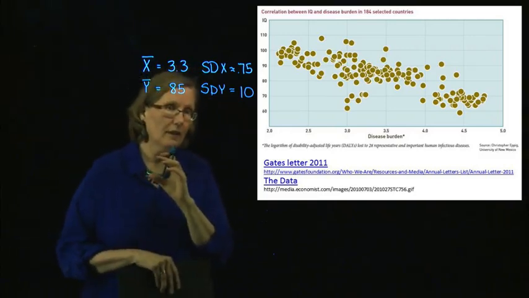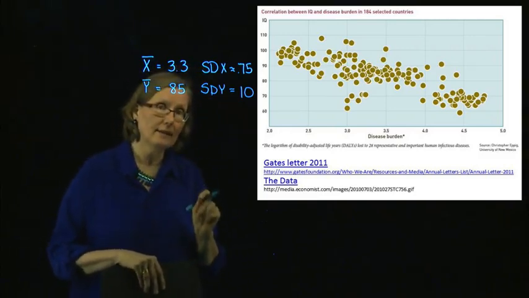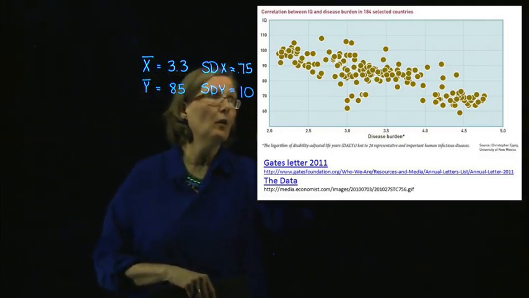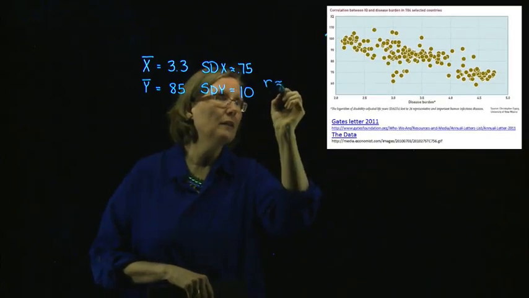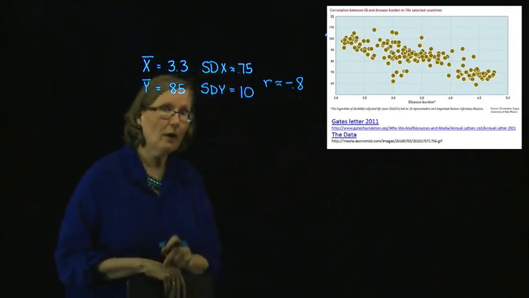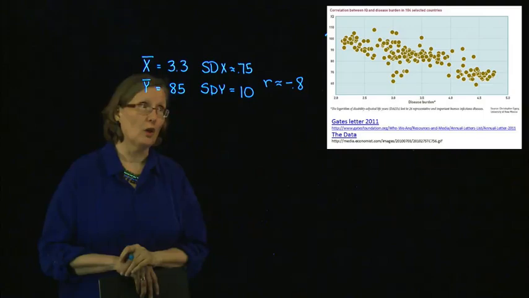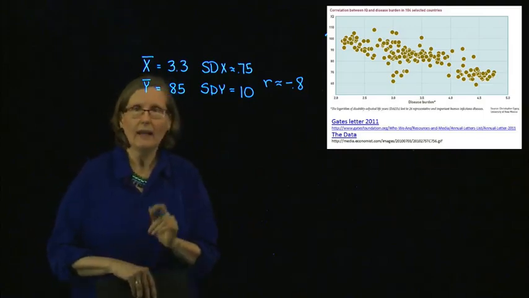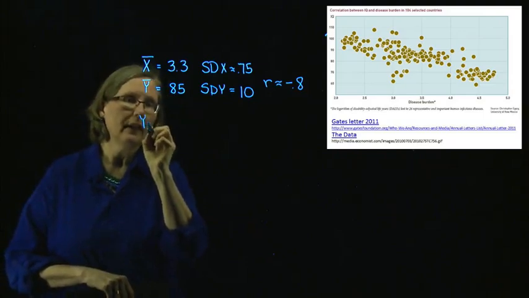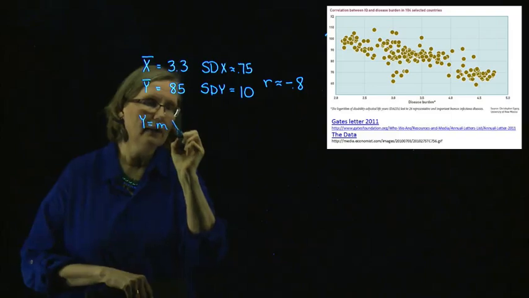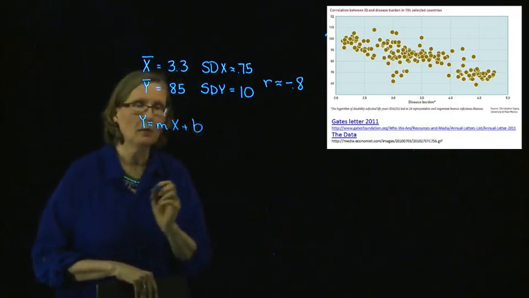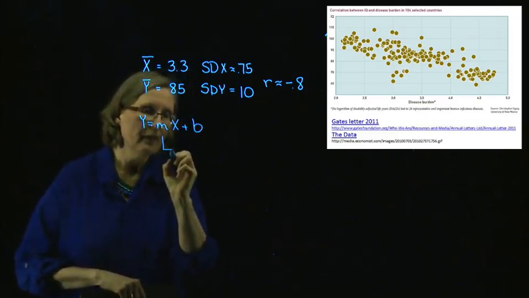Now you notice that the cloud of points has a nice strong downward trend. I would estimate that correlation to be about negative 0.8. So we know our regression line is going to have a negative slope. We want y equals mx plus b. Let's go after the slope first, our m.